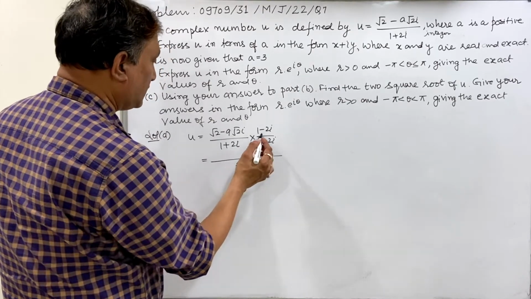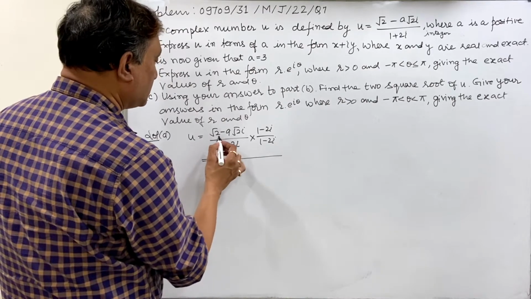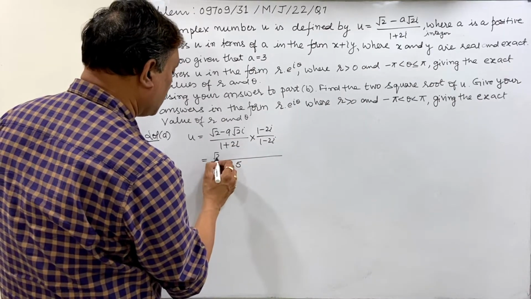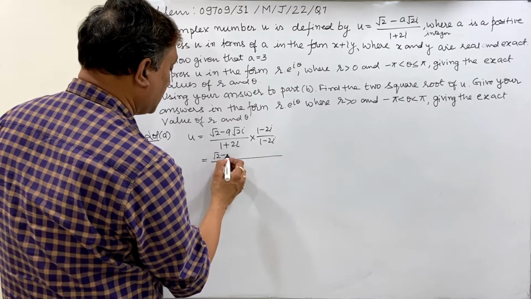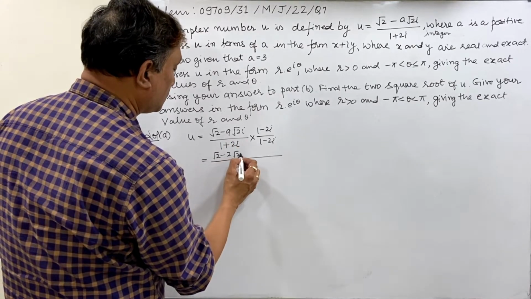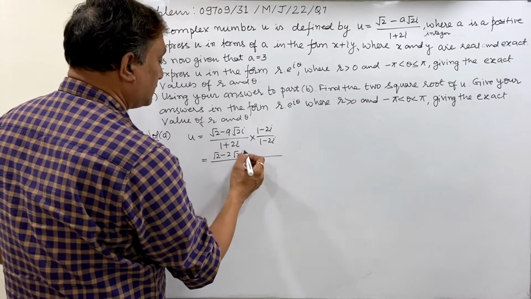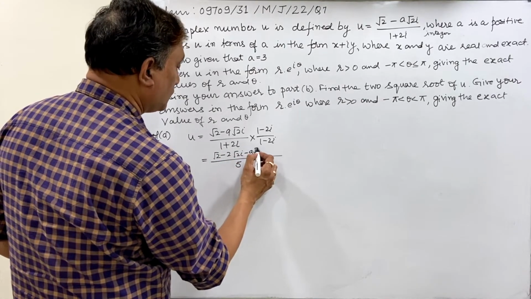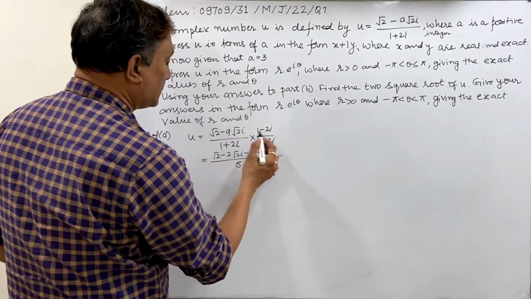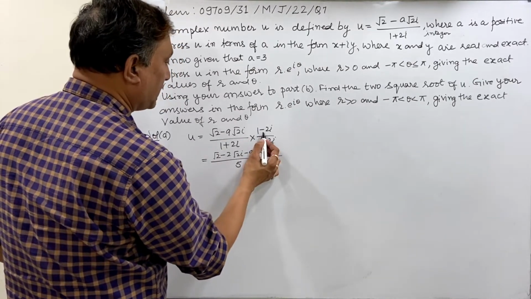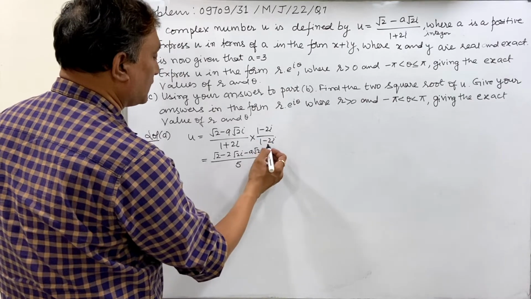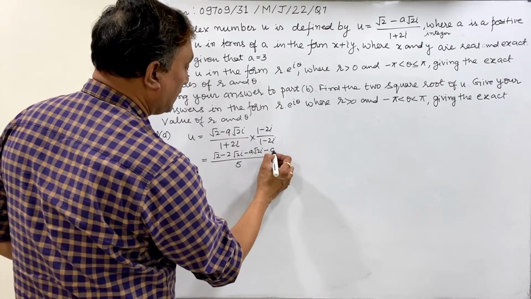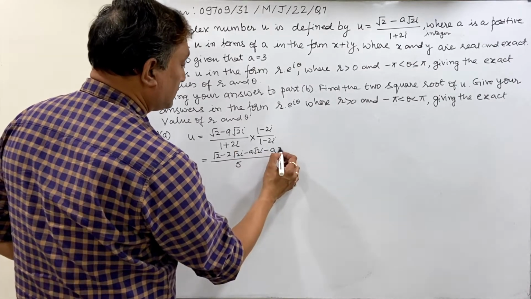In the numerator, root 2 times this gives root 2 and minus 2 root 2 i. Then minus a root 2 i, and then minus times minus is plus, and i squared gives another minus, so it would be minus 2a root 2.